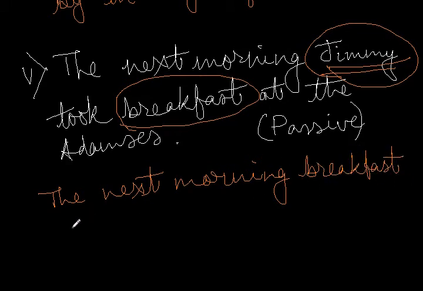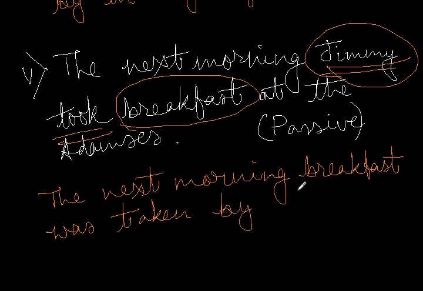Again, breakfast is singular, so was, and then the past participle form of the verb took. So the next morning, breakfast was taken by whom? By Jimmy, where? At the Adamses.